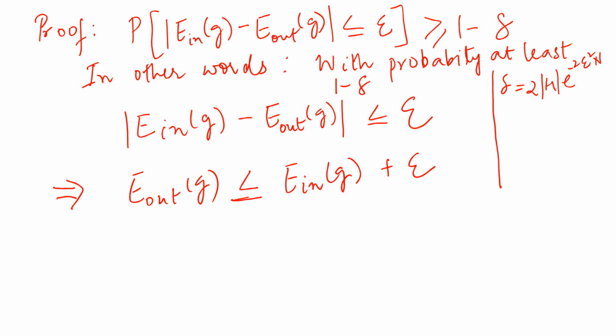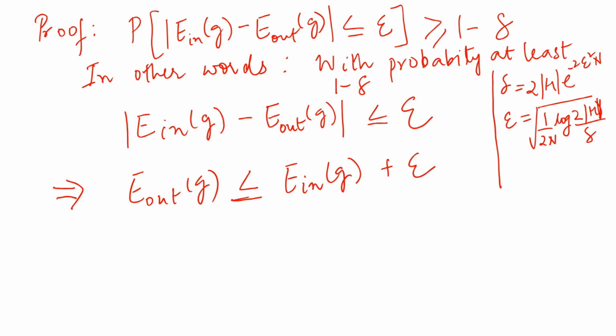So with some algebraic manipulation here, I can get my epsilon equal to the square root, and then you can try it yourself. It's simply like moving terms here and there. That's all we're doing here. And then you can get log 2 times |H|, sorry, |H| is the cardinality of H, over delta, right?